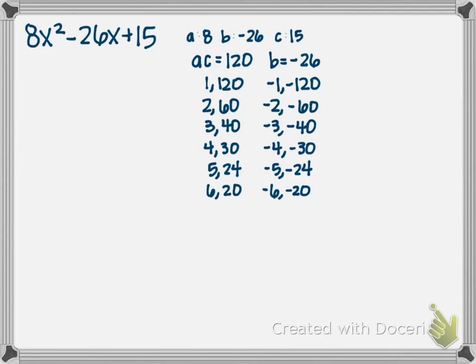But 8 does go into 120, I know, because when I multiplied 8 times 15, that's how I got it. So 8 and 15, 15 and 8. Oh, just kidding. -8, -15. And then 9 does not go into 120.